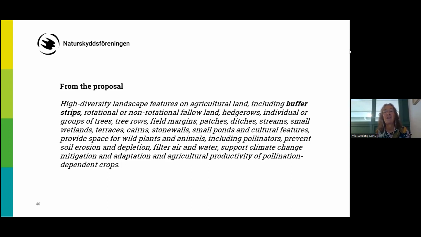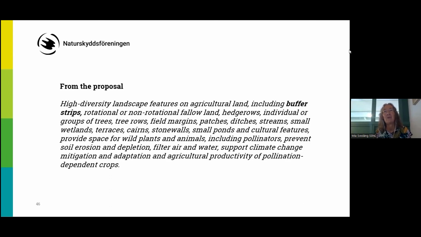As you can see, there are many different landscape features that are really good in agricultural land, and that will be restored if this legislation comes into place.